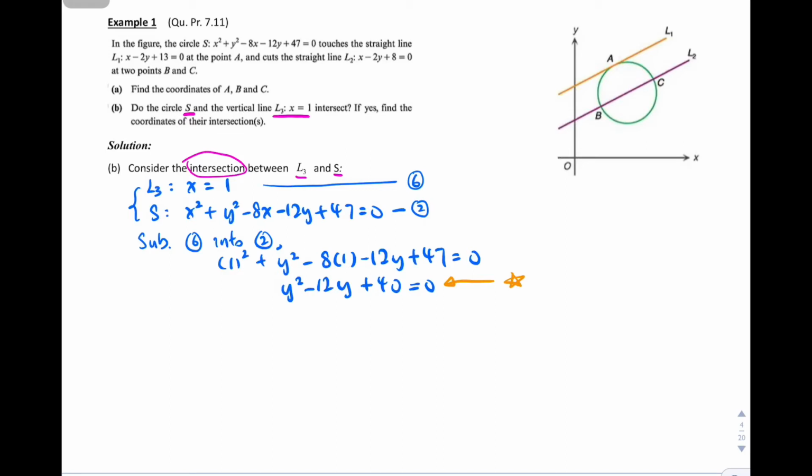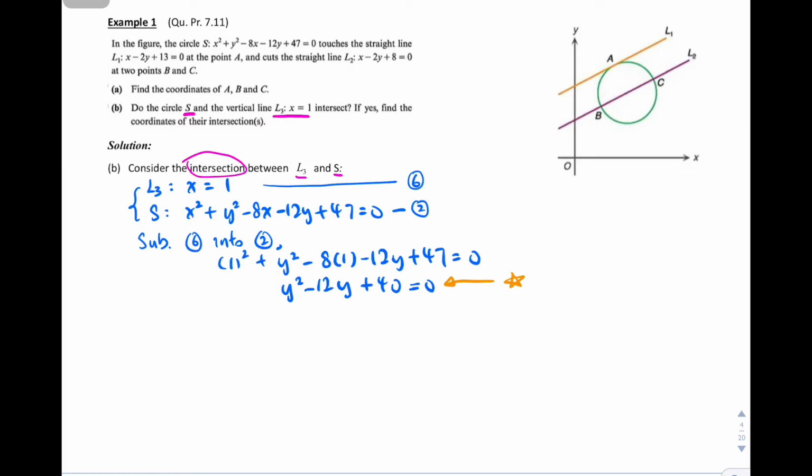And you have to find the values of y for this equation so that you can find the coordinates of the intersections. But after you press your calculator, you find it is math error. That means for this equation, there are no real solutions.